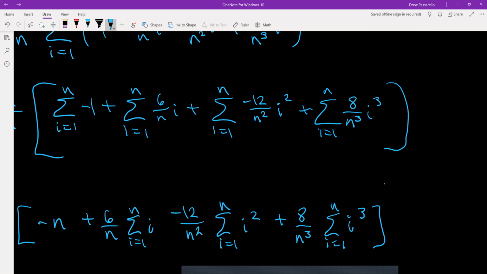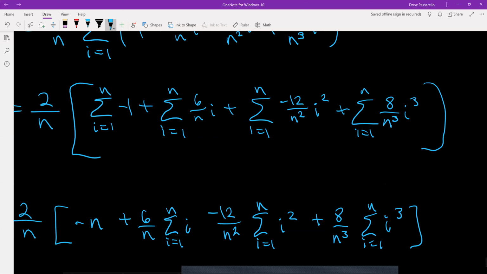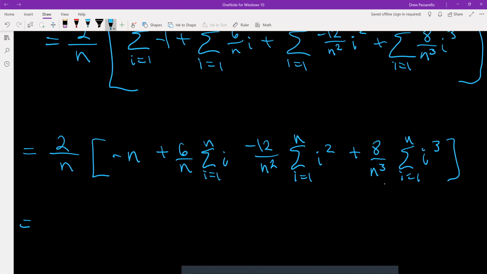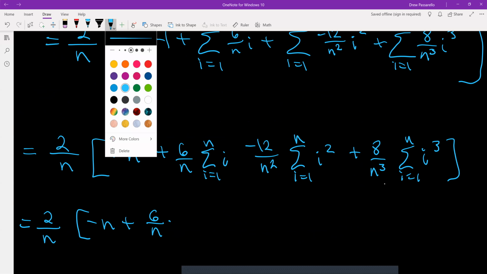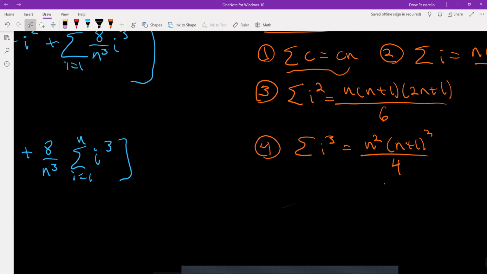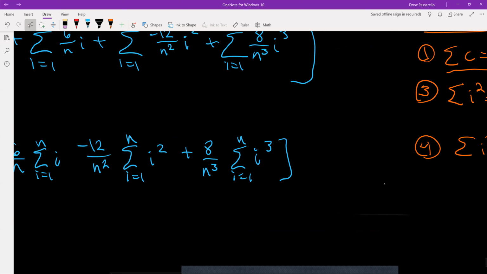Now I just apply each summation with the corresponding formula. All right, so this summation of i, based on our summation formulas, is n times n plus 1 over 2.